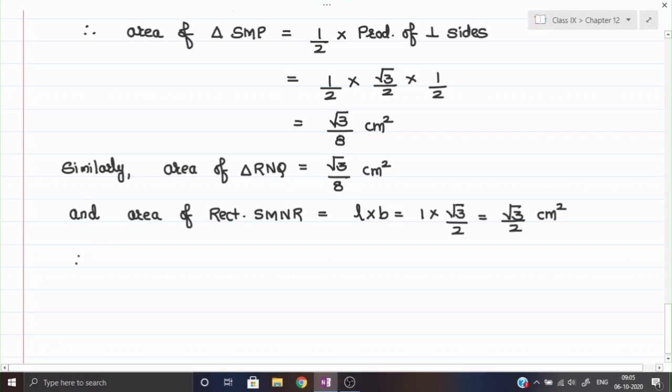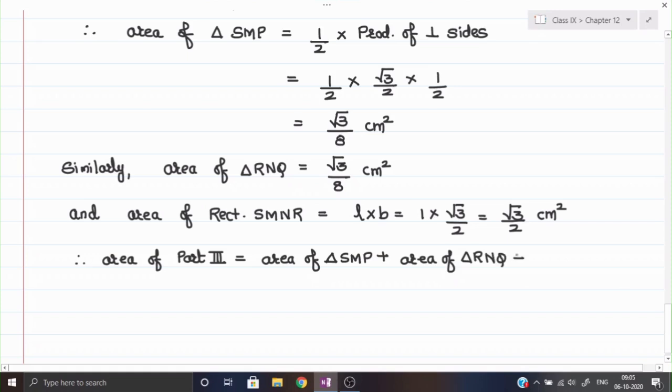So we can say that therefore the area of part number 3 will be equal to the area of triangle SMP plus the area of triangle RNQ, and plus the area of rectangle SMNR.